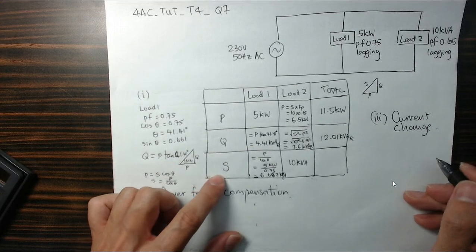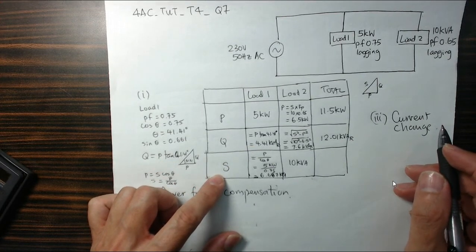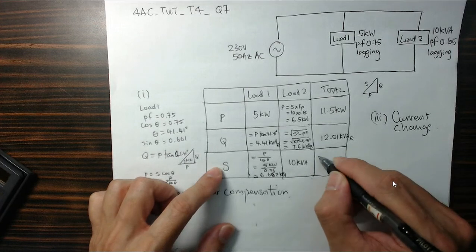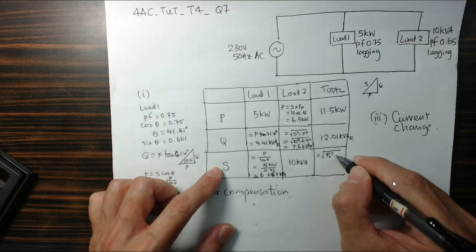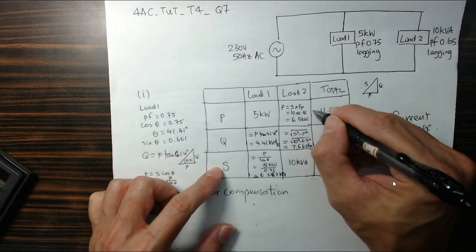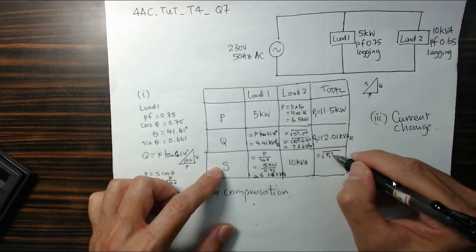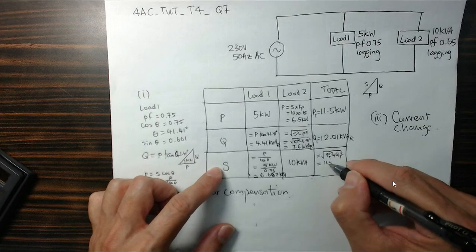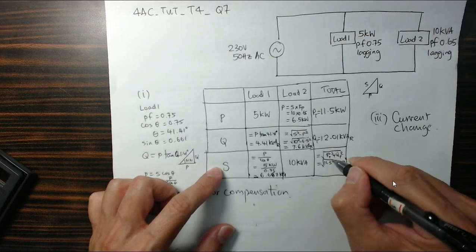And to find the overall apparent power, we will use the square root of PT squared plus QT squared, which is 11.5 squared plus 12.01 squared, the whole thing square rooted.